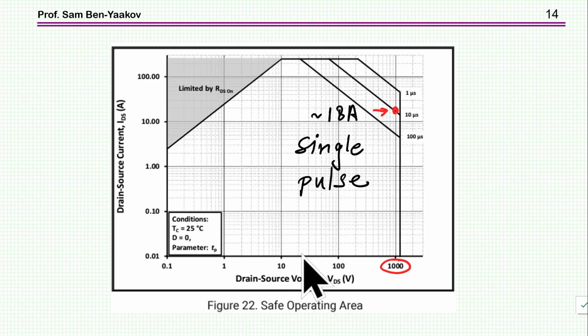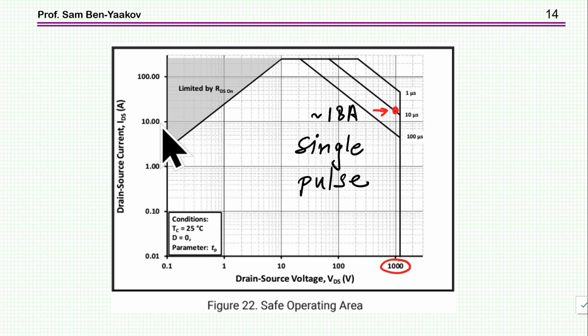Let's have a look now at this safe operating area plot and see where we are as compared to the model. Okay, so I have a case here, which I marked here, of 1000 volt, and I see that I'm getting to the limit here with a current of 18 amp.